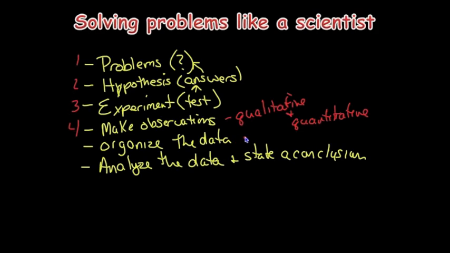And then they use those tables to create visual representations in the forms of graphs and other visual representations of the data, pie charts, whatever. And then they analyze the data, and they state a conclusion. And in that conclusion, they make reference back to their qualitative and quantitative data to support their conclusion.